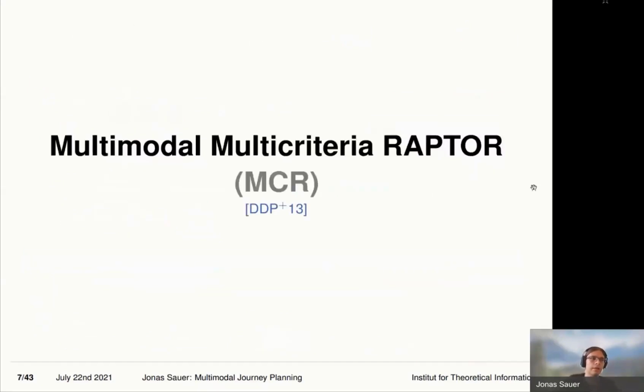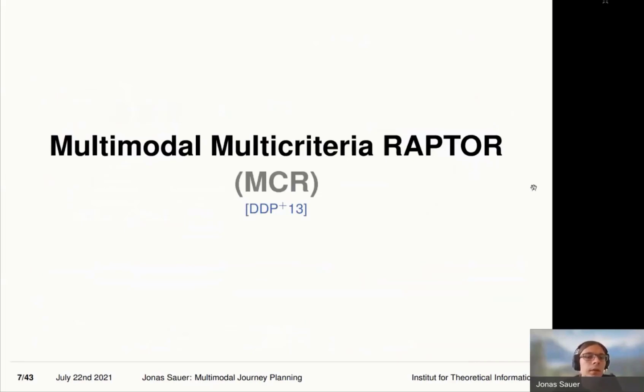Okay, but now we want to leave the world of graph-based public transit modeling again, because as we saw in the previous session, algorithms that are tailored specifically to the timetable are much more efficient.